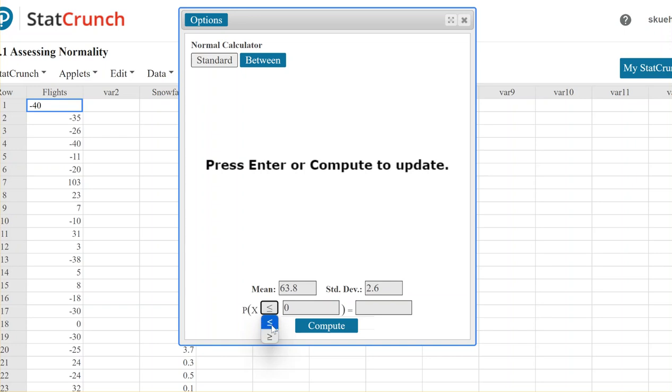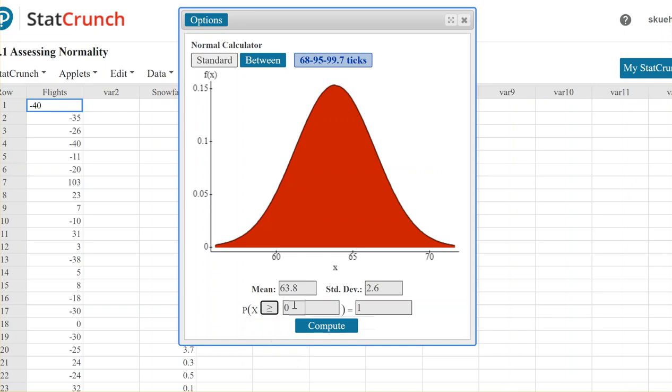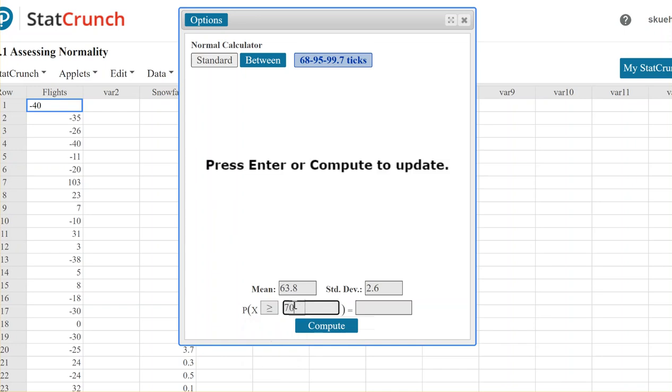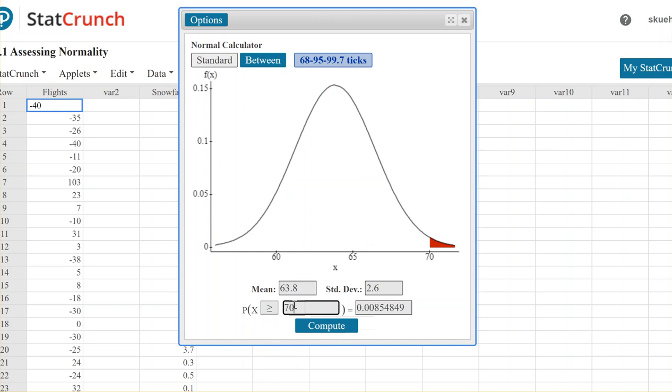Now you'll notice that this is different from our binomial calculator in that I only have two choices. So I need X is greater than, and the minimum height is 70 inches. So when I hit compute, I find out that this area in red, notice that it's shaded to the right. So even though it doesn't match my picture perfectly, it's still fairly close. That area is 0.009 if I round up.